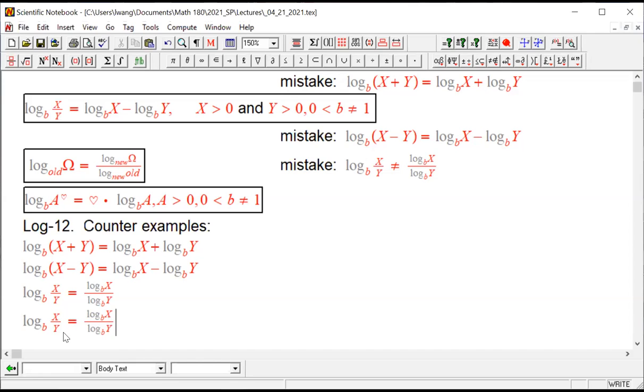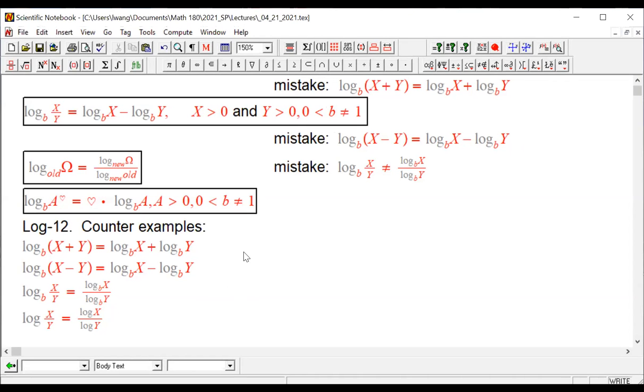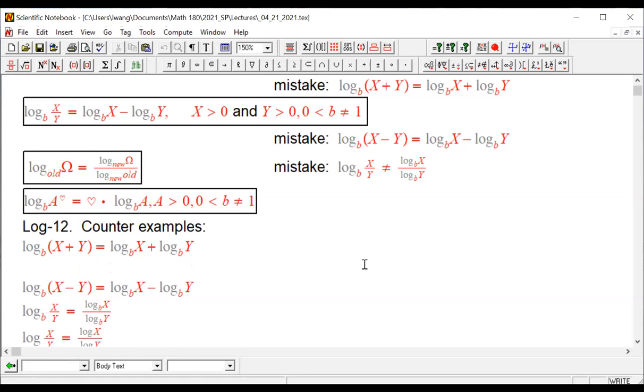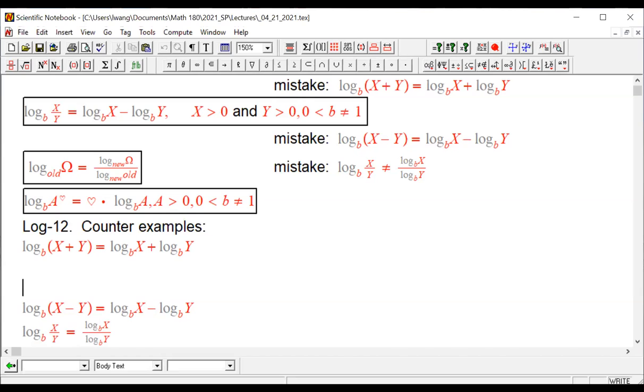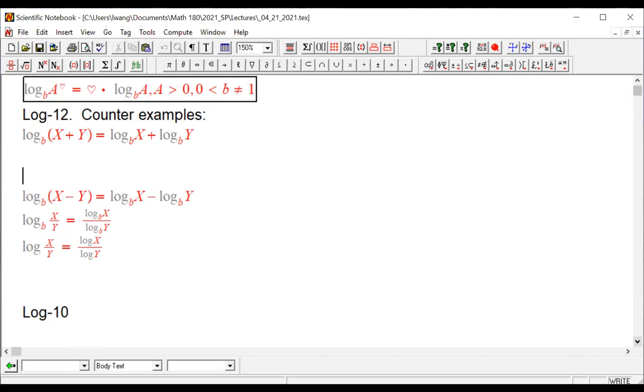Okay. One at a time. A different perspective. A different perspective. Okay. So all of these are false. How do we demonstrate that this is false? Right.